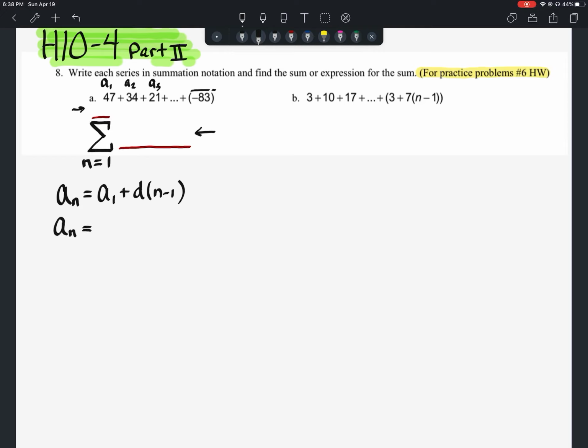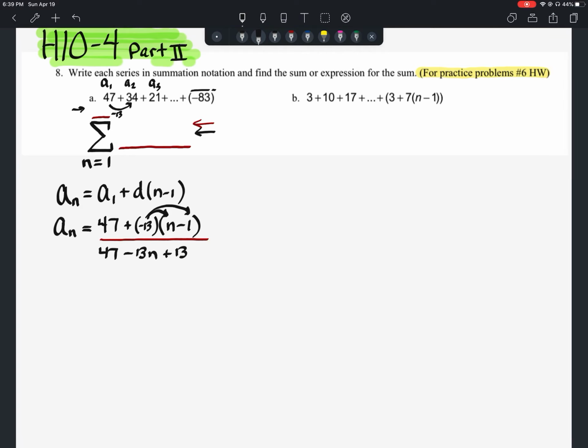Okay, so this is the expression that we could use to find the nth term. This right here could be exactly what we want to put in up here. It's totally fine to write that expression in there, but it's kind of messy. So let's just simplify it and then we'll write that in there. If we distribute this negative 13 through here, I have 47, let's even just turn it into minus now. Negative 13 times n is negative 13n, and then negative 13 times negative 1 is positive 13.